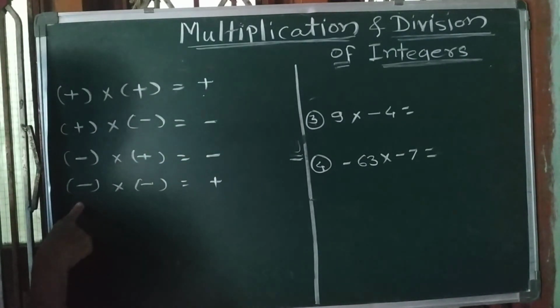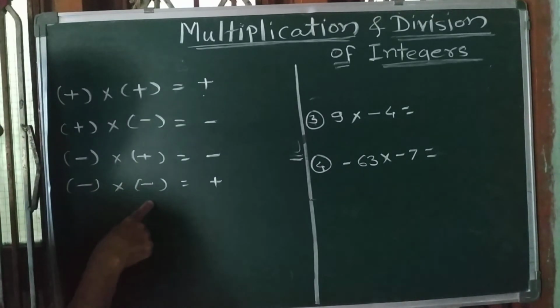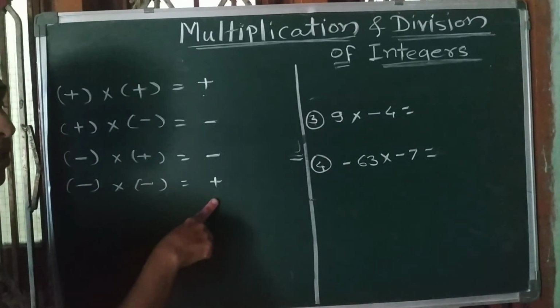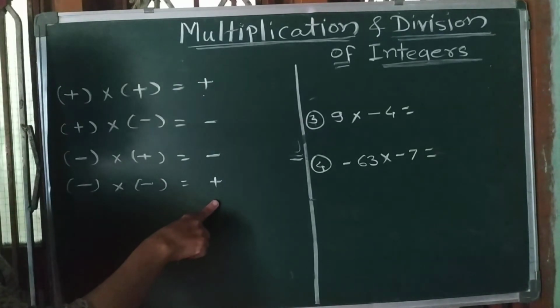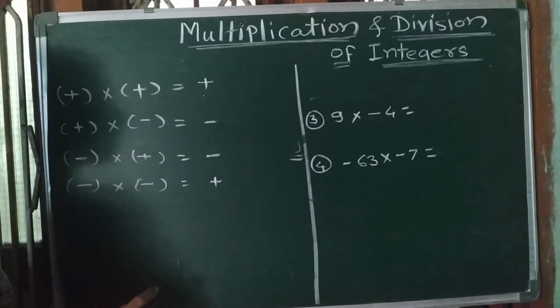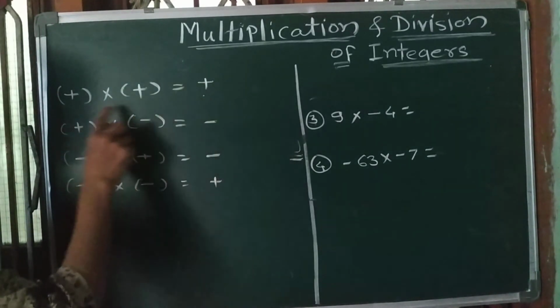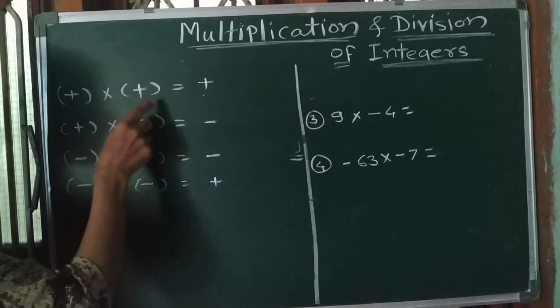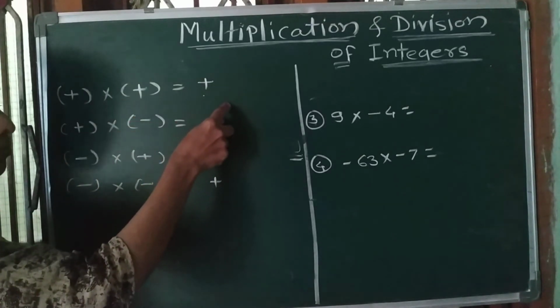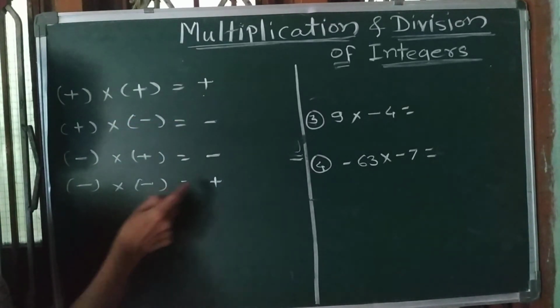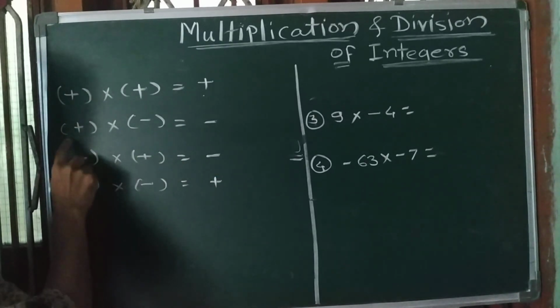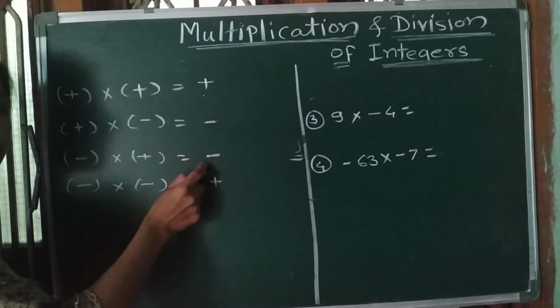If you multiply a negative number with a negative number, your answer will get the positive sign. This is slightly different from the subtraction sign. So keep in mind, if both numbers have the same sign, the answer will be positive. If both numbers have different signs, the answer will be negative.